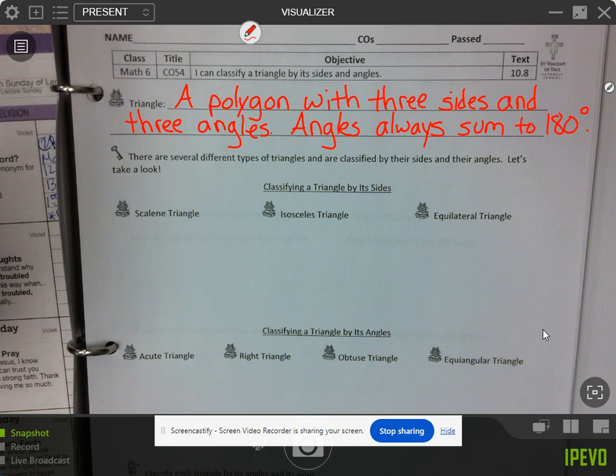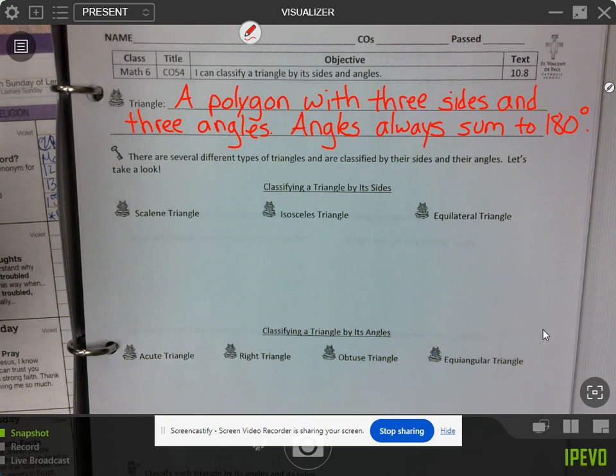Marina? They all add up, no matter what. Any triangle you have, if we add all 3 angles, it will always equal 180 degrees. Always, always, always. So it's important to know. We're going to be using this information in the future. Just like we need to know a right angle always equals 90 degrees.